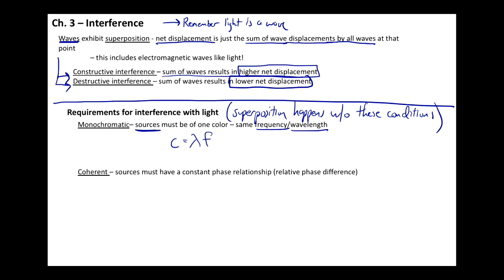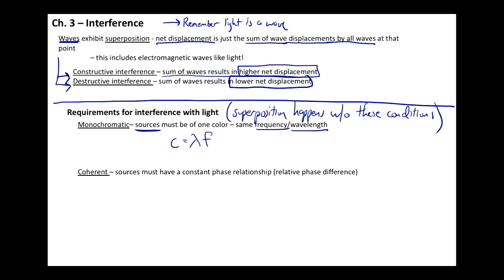I said the 2 opposite things. Superposition, the addition and subtraction of the waves, is going to happen no matter what. To be able to observe the specific case of constructive and destructive interference, I have to have these 2 requirements met. You may not be able to see the distinction between those 2 yet. It might take another slide or 2 for it to come out, but let's see what happens.